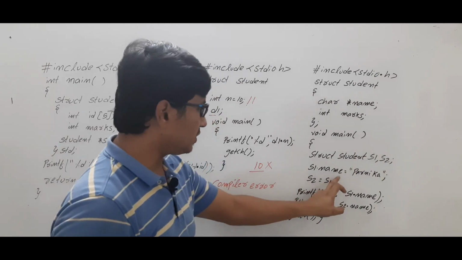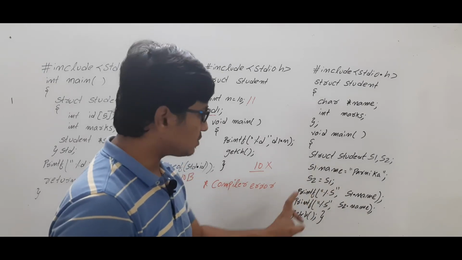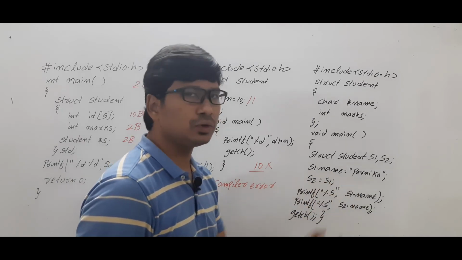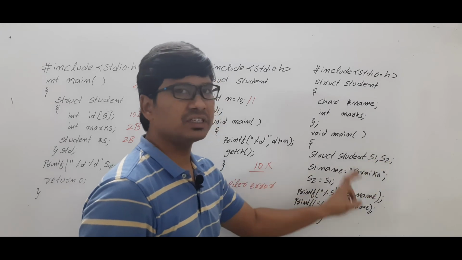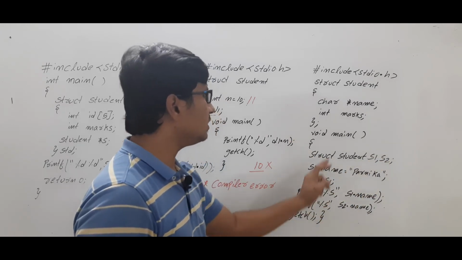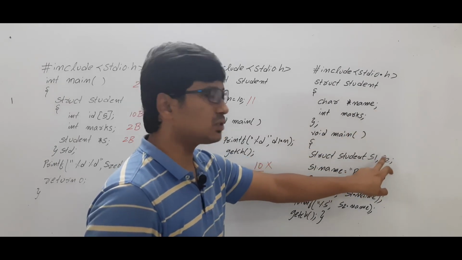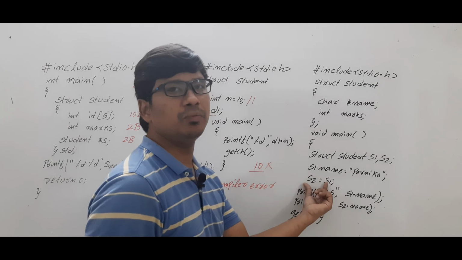Now if you look at s2 is equal to s1, you are assigning. That is valid. The only point people will worry about is that s1 and s2 are variables of structure student, so whatever values are there for the variable s1 will be assigned to the variable s2.